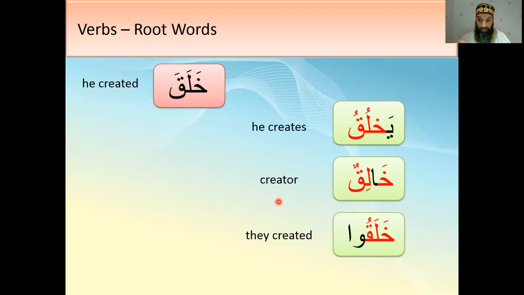And this is sarf. This is what you need to know to understand Arabic. Grammar comes afterwards. Mubtada, khabar, they all come afterwards. They don't come first. The sarf comes first, because this will help you understand the translation. Grammar comes later on. But one grammar rule you have to know, and I call that the golden grammar rule. We're going to learn that today, inshallah.